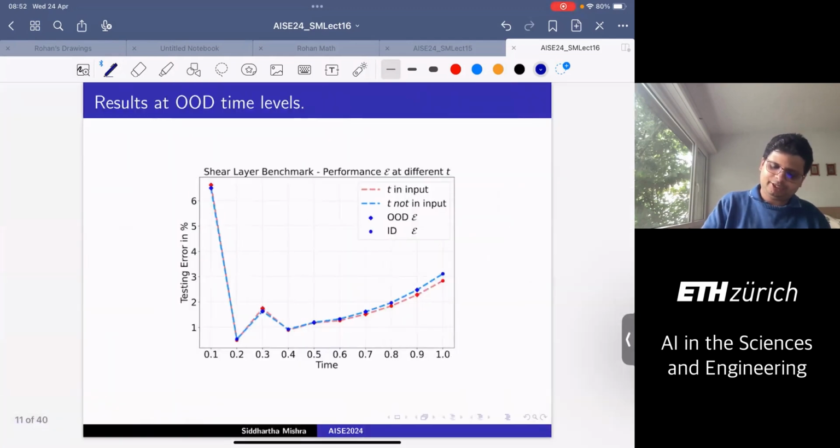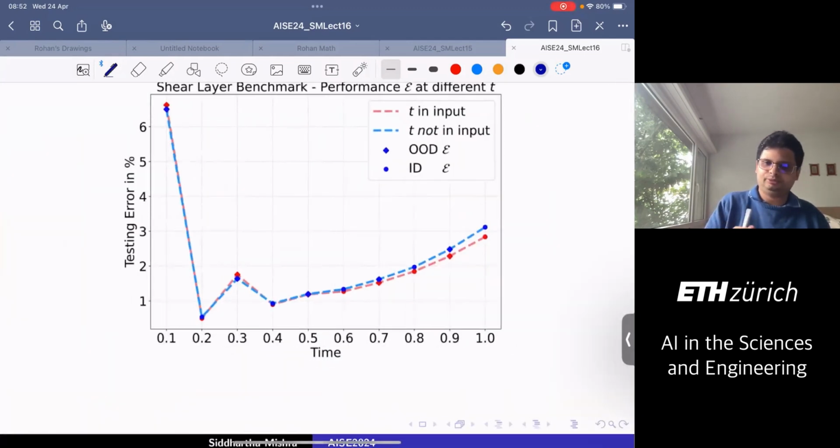And what is also interesting is that now we are able to evaluate at times that have not been seen before. So for instance, these were the data points that were given, 0.2, 0.4, 0.6, 0.8, and 1.0. But in between also, we were able to predict very nicely.